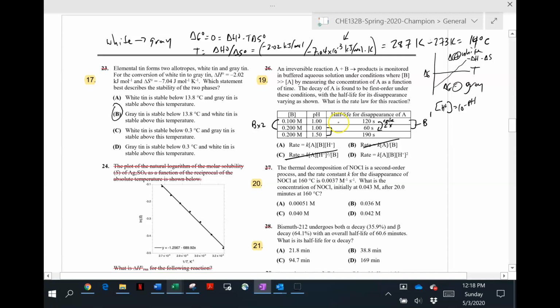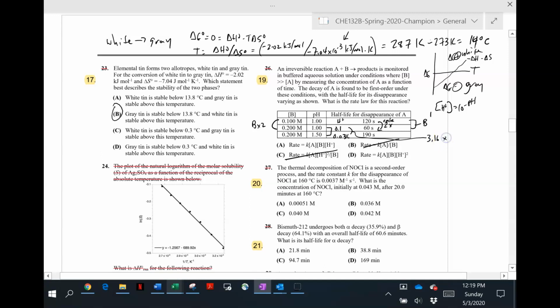This would be our hydrogen ion concentration. For this case it's going to be 0.1 molar, and then for 1.5 it's going to be 0.0316 molar. Okay, so from 0.1 to that value, we're increasing our rate by 3.16.